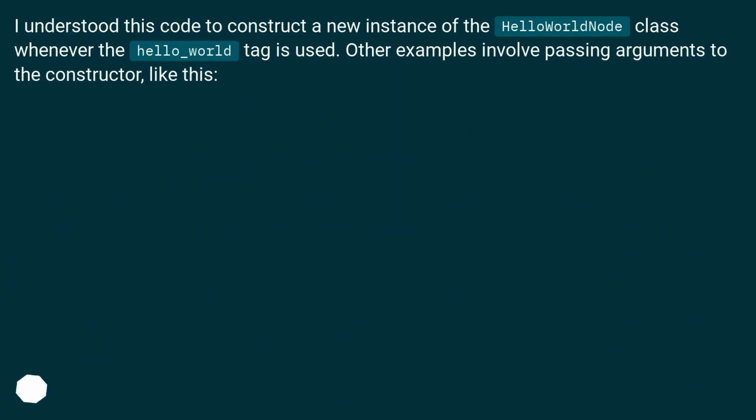I understood this code to construct a new instance of the Hello World node class whenever the hello_world tag is used. Other examples involve passing arguments to the constructor, like this.